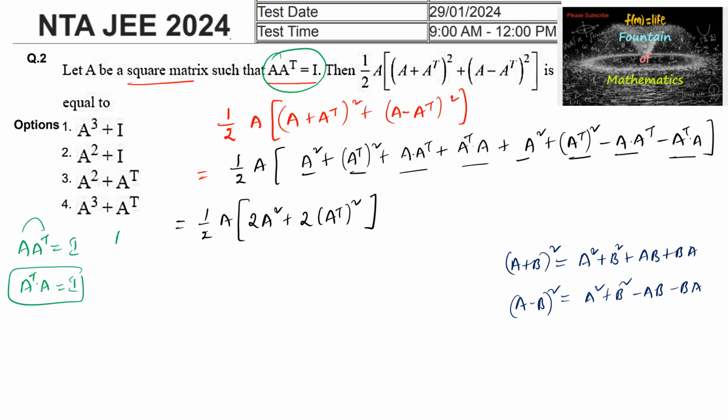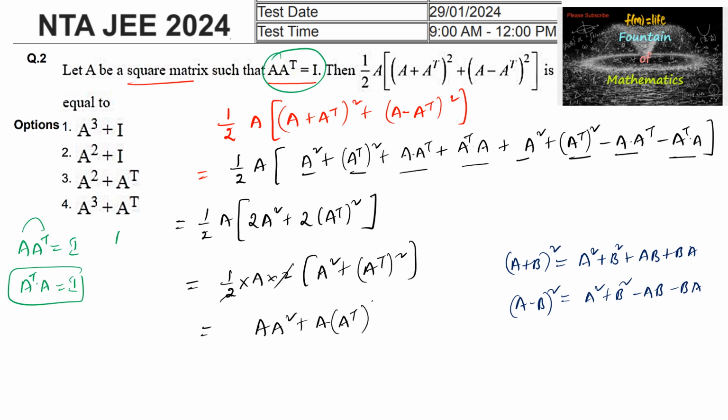So we can write 1 by 2 into A into, you can take 2 common, A square plus A transpose whole square. So that is A into A square plus A into A transpose whole square. That is A into A square plus A into A transpose into A transpose.